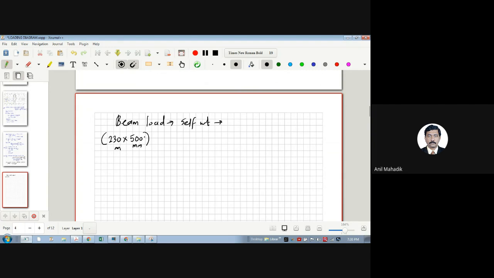What will be the self-weight of the beam in this case? 0.23 into 0.5, and we want the weight per meter, so the unit weight is 25. That gives 2.875, so let's comfortably take 3 kilonewton per meter.